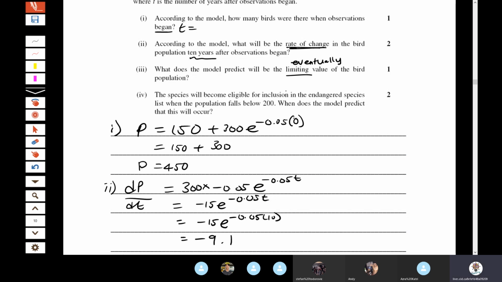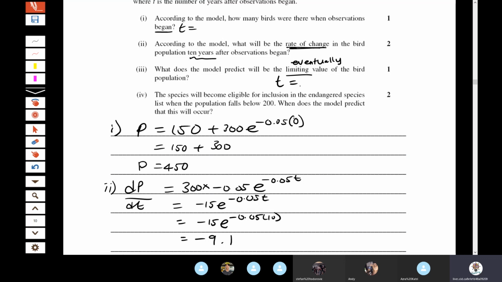What am I looking for you guys to say? Eventually, limiting value. What's its maximum limit? t equals what? Come on, I'm sure some of us think about it. Say it again.